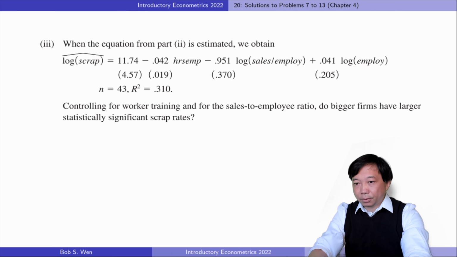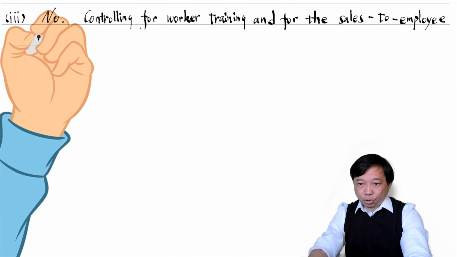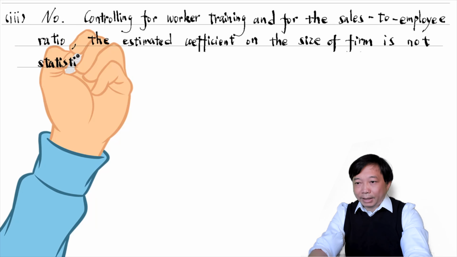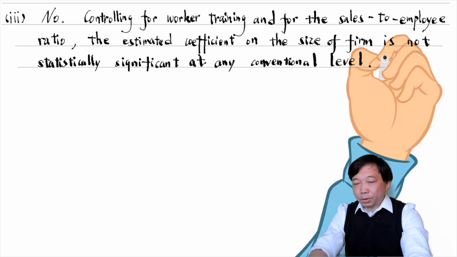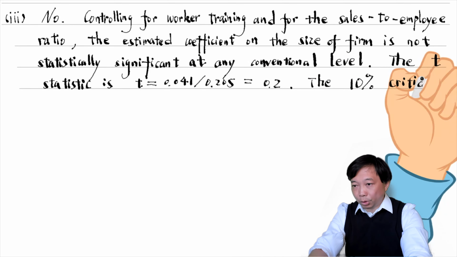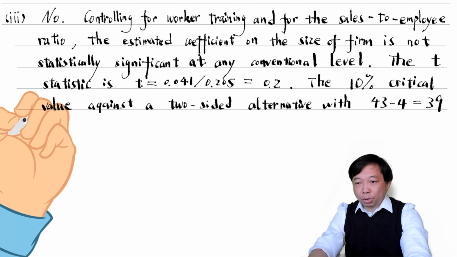The answer is no to the third question. Controlling for worker training and the sales to employee ratio, the estimated coefficient on the size of firms is not statistically significant at any conventional level. The t-statistic is 0.2.